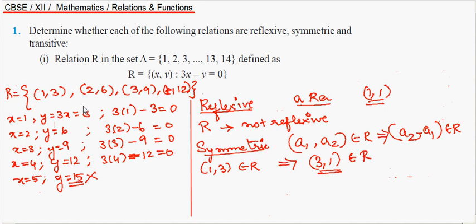But 3 comma 1 does not belong to this relation, because if x is 3, y will not be equal to 1 according to the given relation, and it does not hold good for the condition. Therefore the given relation R is not symmetric.